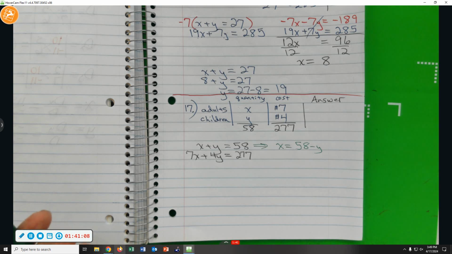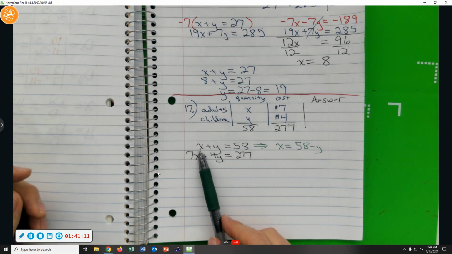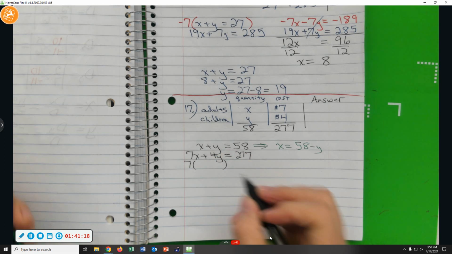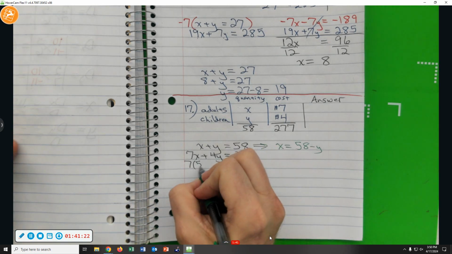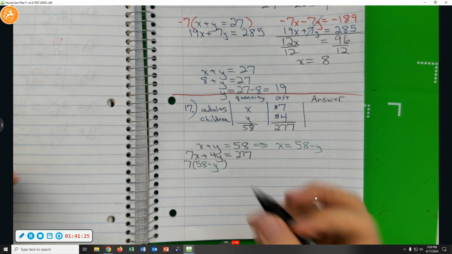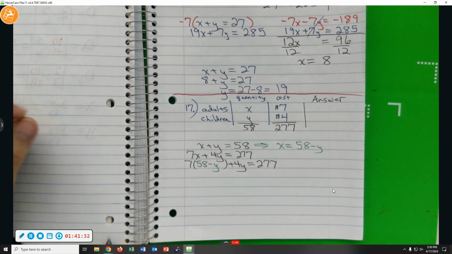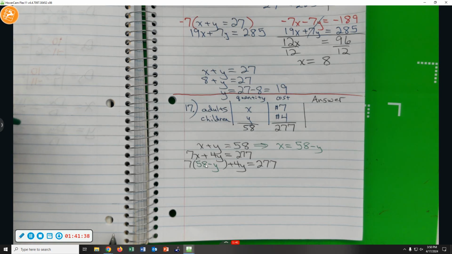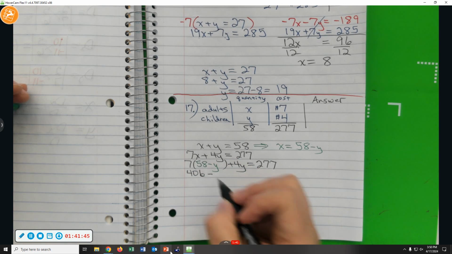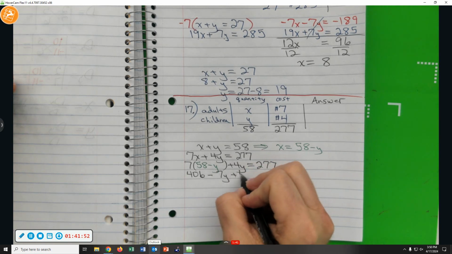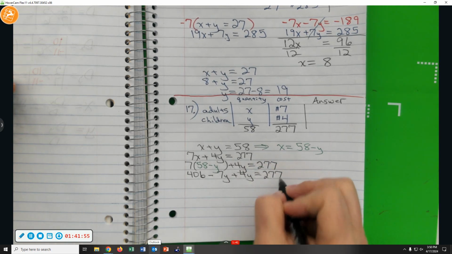Plug it in for X. Not in the top one, it has to be in the second one. 7 times 58 minus Y plus 4Y is equal to 277. 58 times 7: 50 times 7 is 350, 8 times 7 is 56, 350 plus 56 is 406, minus 7Y plus 4Y is equal to 277.